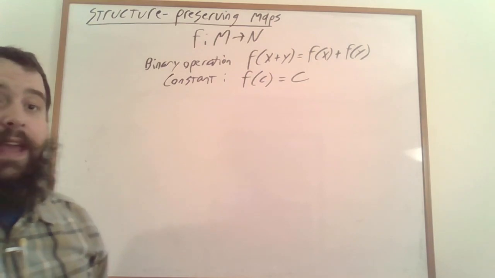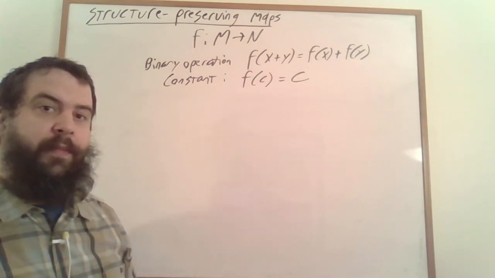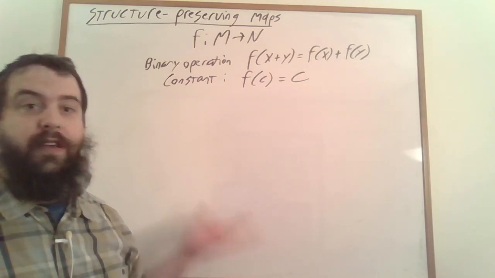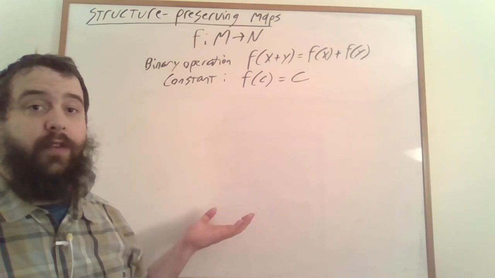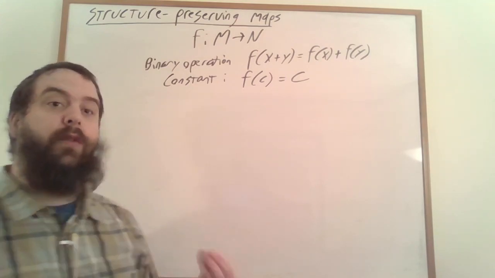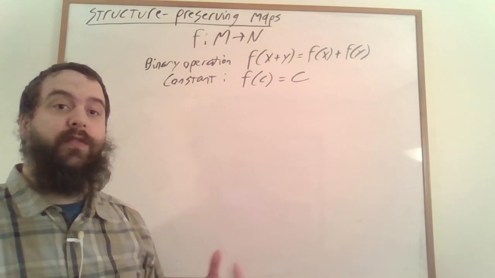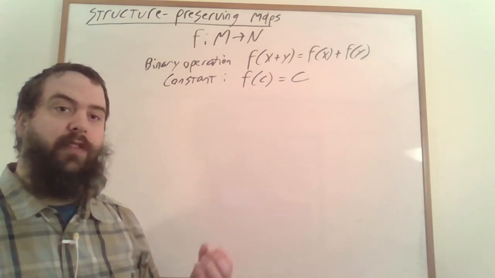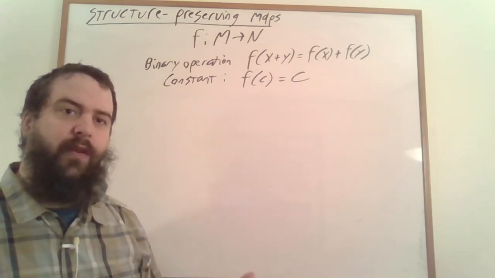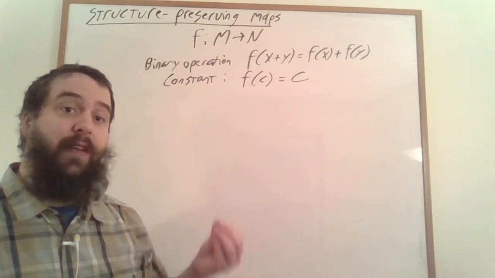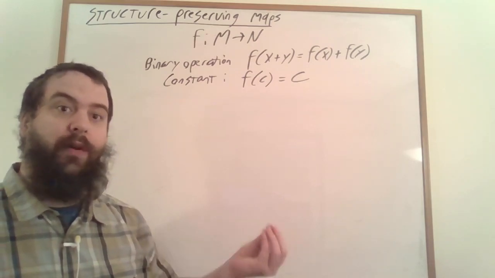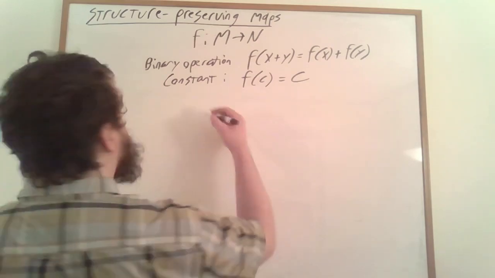So in the monoid case, this was the identity element, but there's lots of other constants that you could want in any particular structure. What about if we have a unary operation? We've seen a number of structures that have unary operations, usually successor operations. So they take in one input and they output an element of the structure.